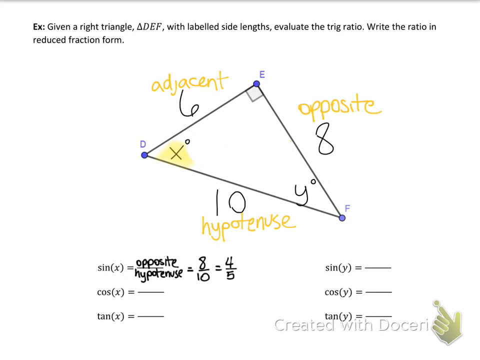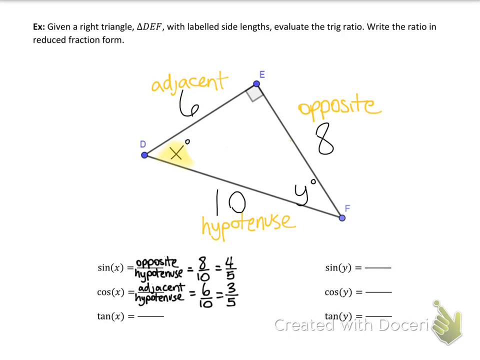The cosine of the angle of x degrees we know is equal to the adjacent over the hypotenuse, which in this example is equal to 6 over 10, which can be reduced to 3/5.